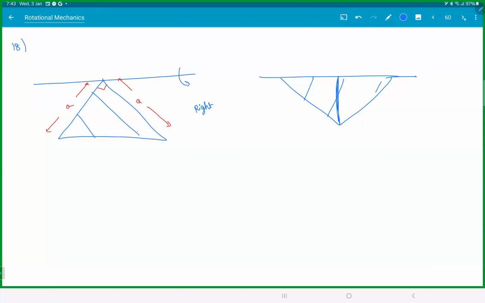What was this? mh square by 6, right? That is about the base. This is not the base. This is about the apex. Both are not the same thing.